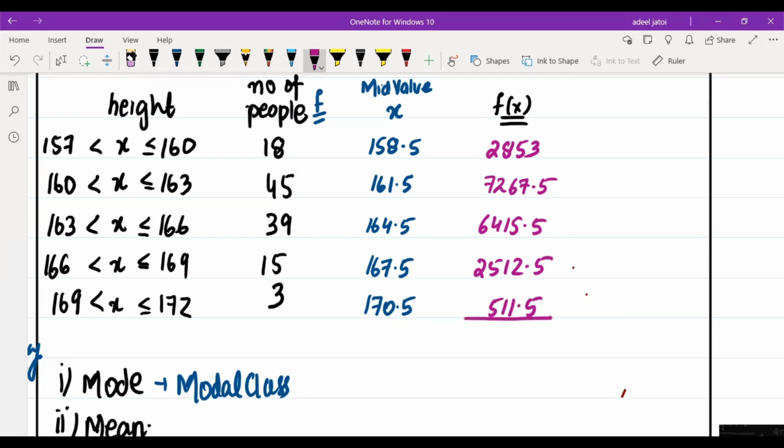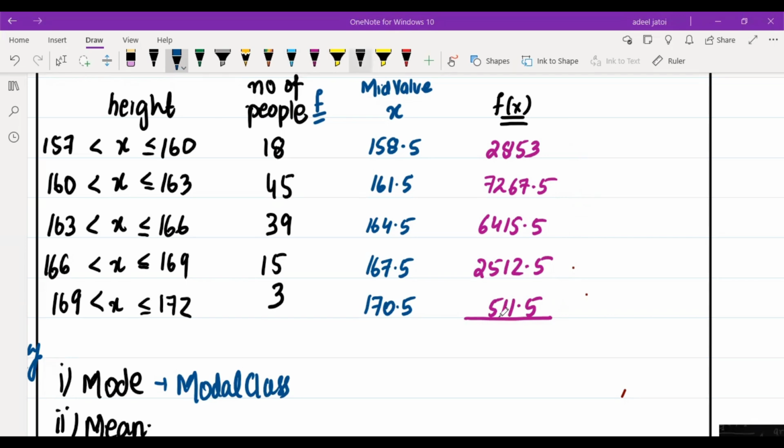Your summation of fx will be the total of fx, that means you add all these values: 2853 plus 7267.5 plus 6415.5 plus 2512.5 plus 511.5. When you add all these values, you will get the summation of fx.